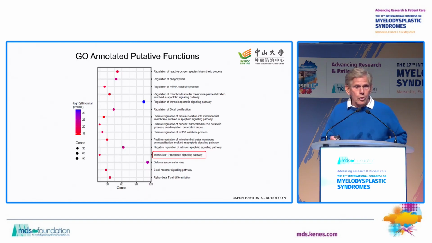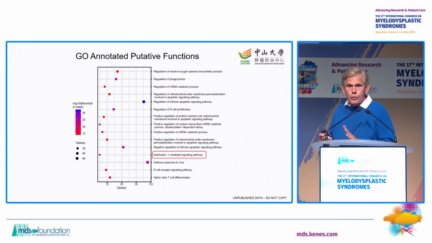So this is a GO-annotated bubble plot. And you can see here that the interleukin 1 mediated signaling pathway, which has a very small number of genes, has a very low p-value.